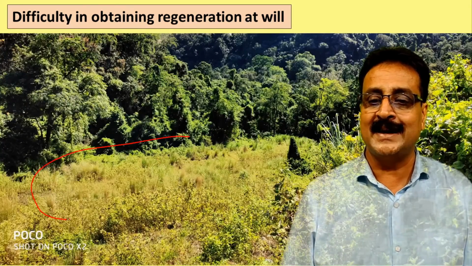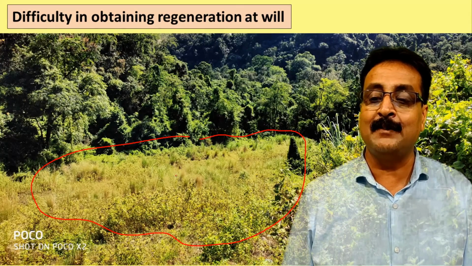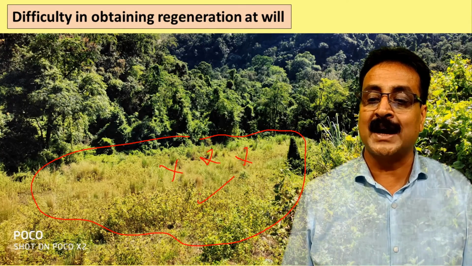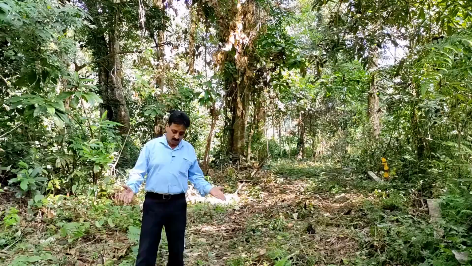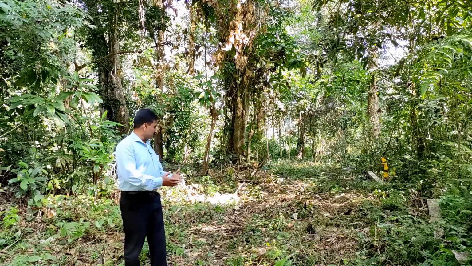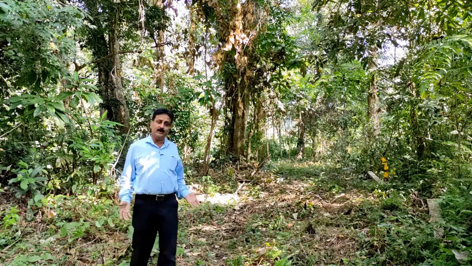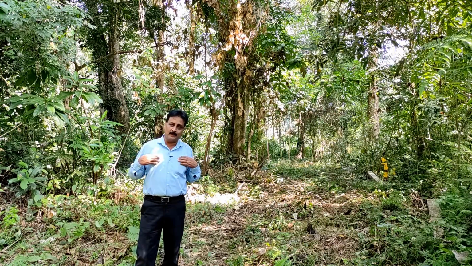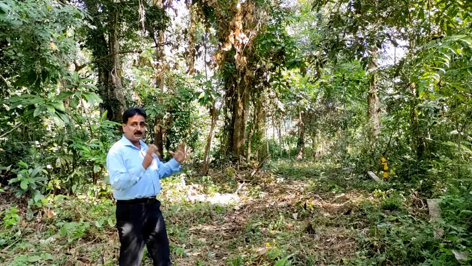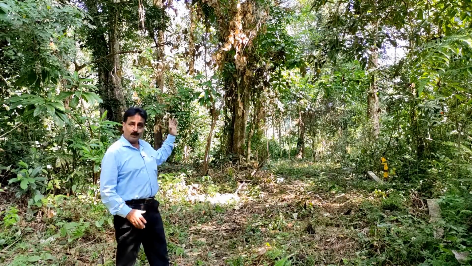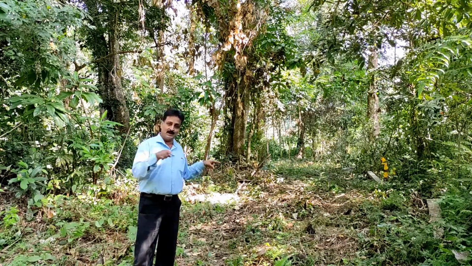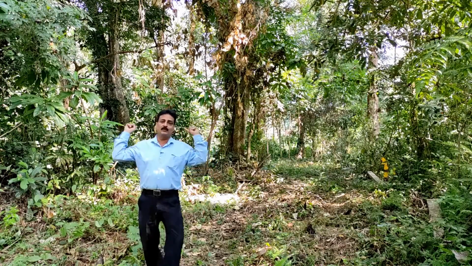You can see that in the entire area we have done felling, but no regeneration is coming. So that is the difficulty it has. We can see here that there is very little regeneration, as it is very difficult to obtain regeneration at our will. So it is very difficult to proceed further with felling of the overwood to obtain the regeneration. That's why there is an irregularity of the crop.